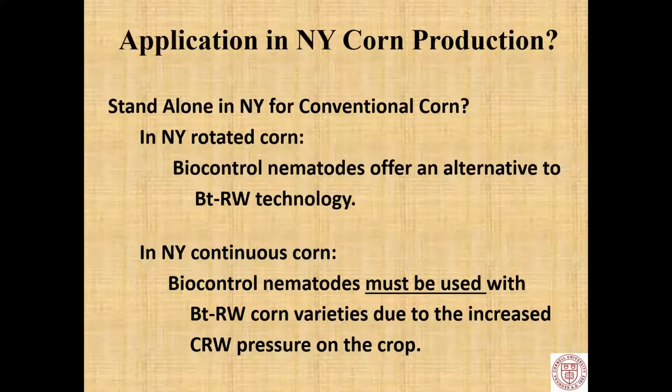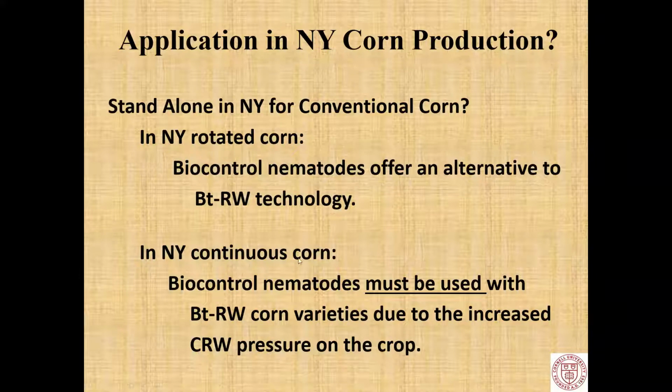So where do they fit in New York corn production? Are they a standalone? In New York rotated corn, in which I've now had 35 years of experience, I feel comfortable saying that biocontrol nematodes offer an alternative to BT rootworm technology in rotated corn. Rotation and New York conditions keep the rootworm population down.